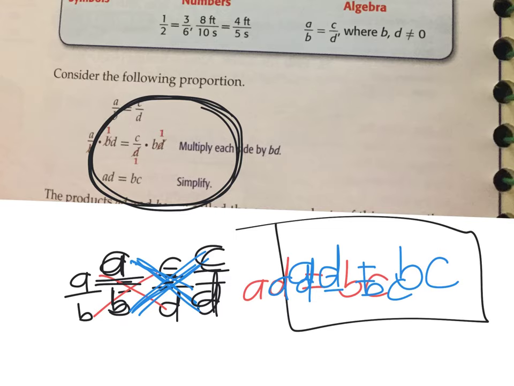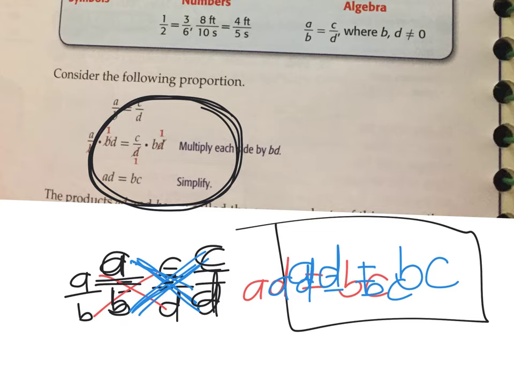And so we're left with A times D, which is AD. Over here on the right, when we multiply, they've got a common factor of D. So we can simplify those D's to be 1. And we're left with C times B, which is BC. So they did this little step here, multiplying by BD, and we were left with the statement AD equals BC.